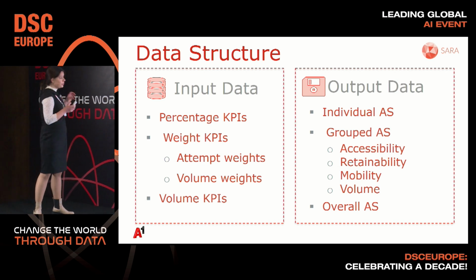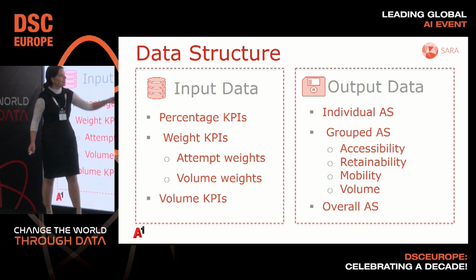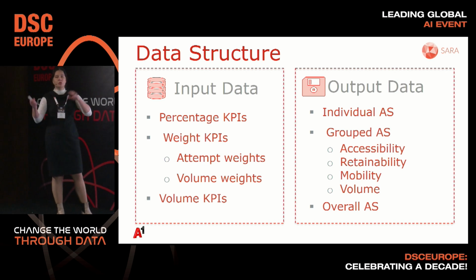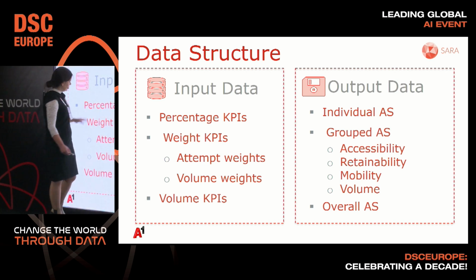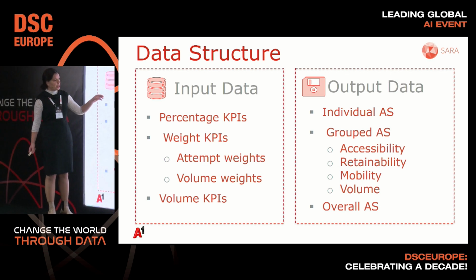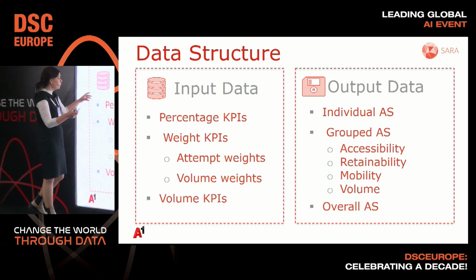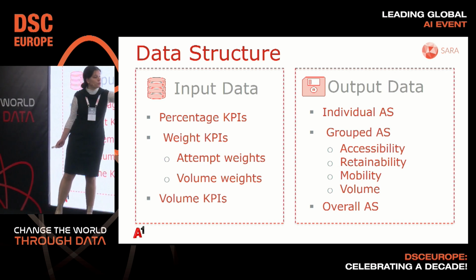And these inputs, with the magic in between, make the outputs. Output data are mostly anomaly scores grouped in different kinds of levels. So we will take each of these percentage KPIs and look at the individual anomaly score, but we can group them as accessibility, retainability, or mobility, and then get grouped anomaly scores.